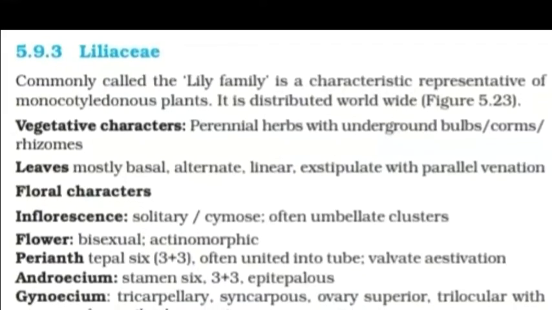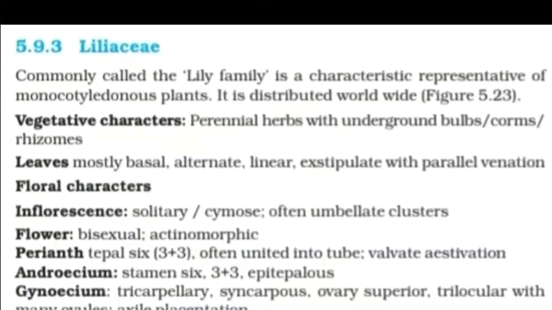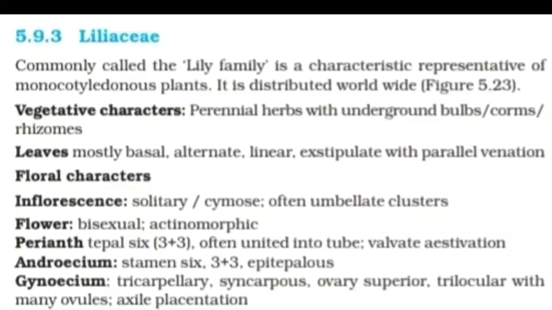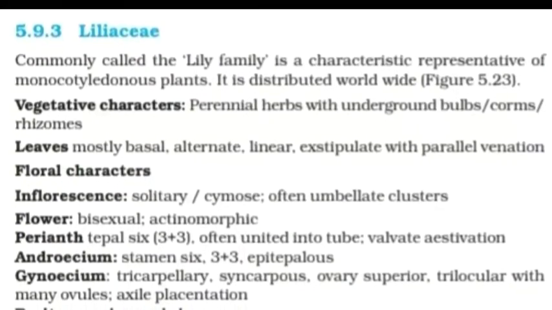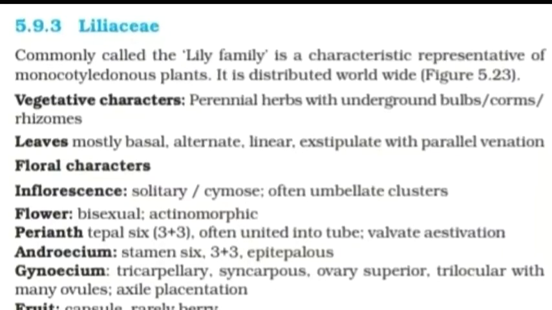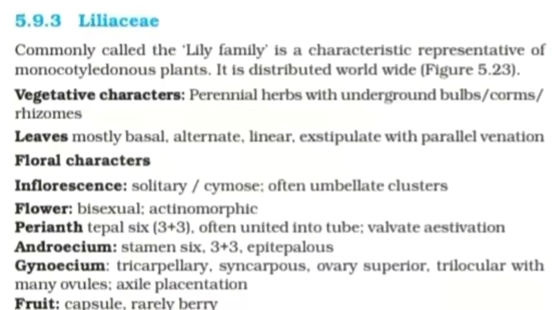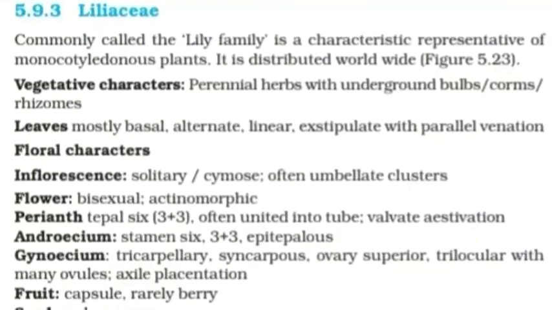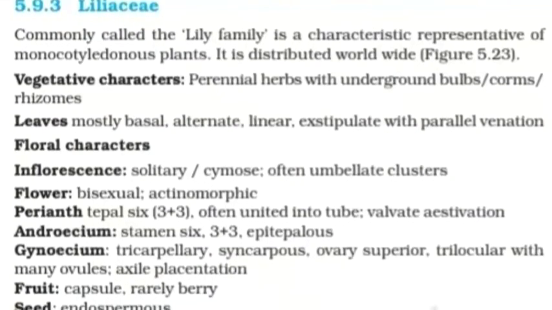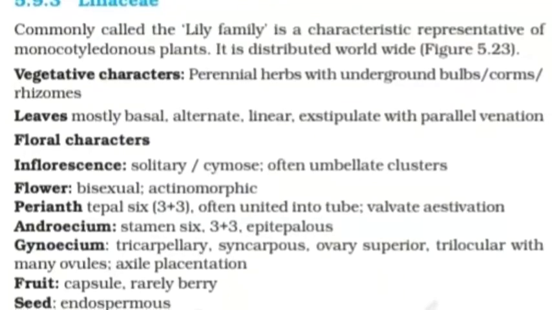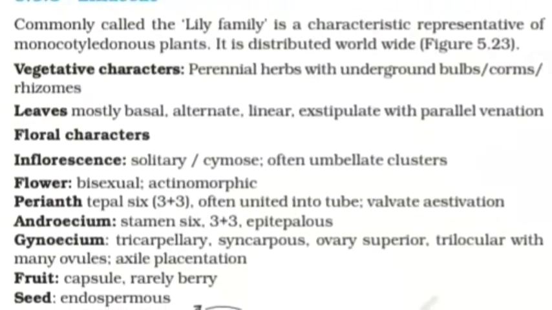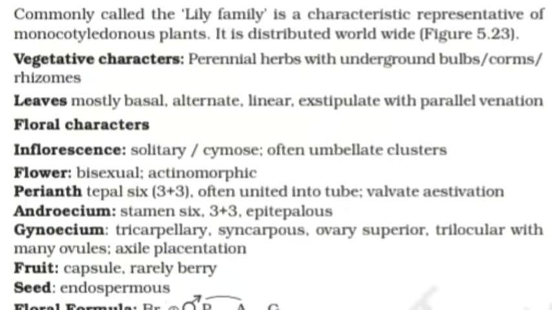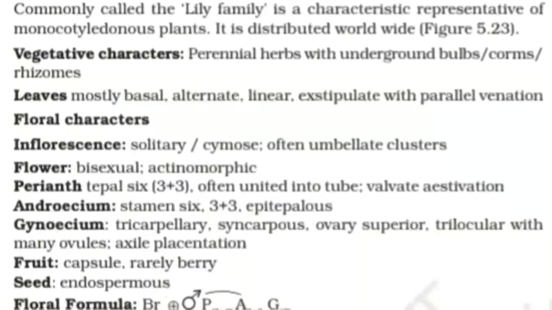It is distributed worldwide. Vegetative characters: perennial herbs with underground bulbs or corms or rhizome. Leaves mostly basal, alternate, linear, exstipulate with parallel venation. Floral characters: inflorescence solitary or cymose, often umbellate cluster.